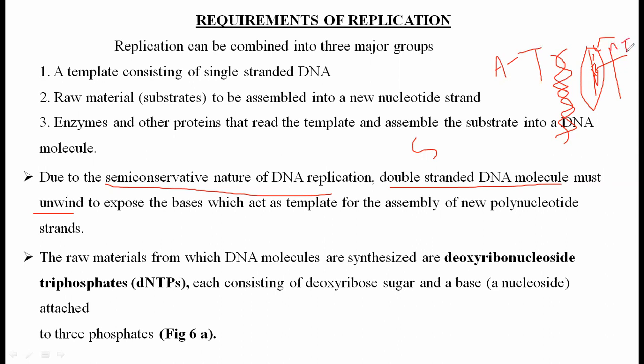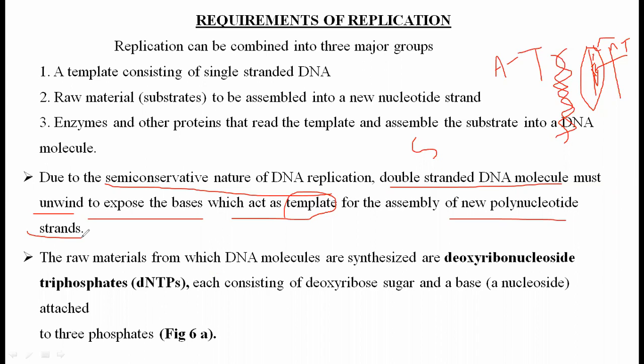So for replication to start, the double helical structure of DNA has to unwind and uncoil and expose its bases. Once the bases are exposed, it becomes a template, and the new nucleotide strand starts synthesis.